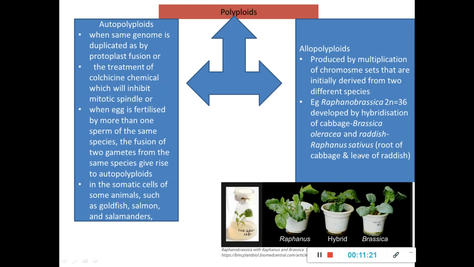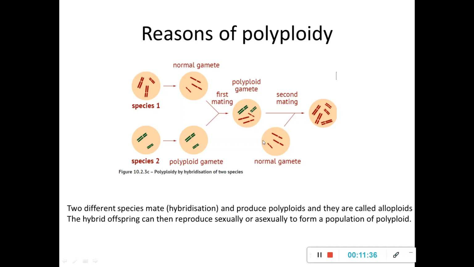So usually in the case of plants, polyploids are mainly formed to improve vigor and to increase the size and all that. But in the case of animals, it has been found to be not that prevalent. Now, I told you about the allopolyploids, and that is what is being depicted here.